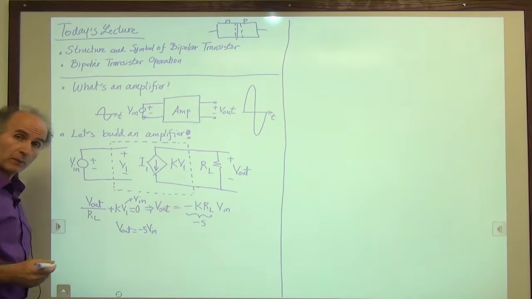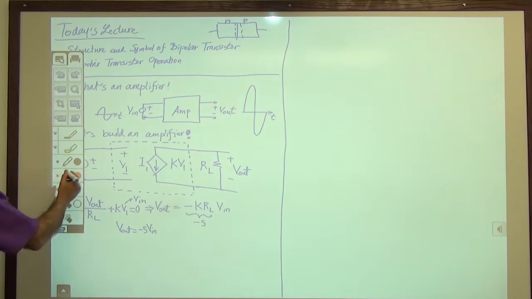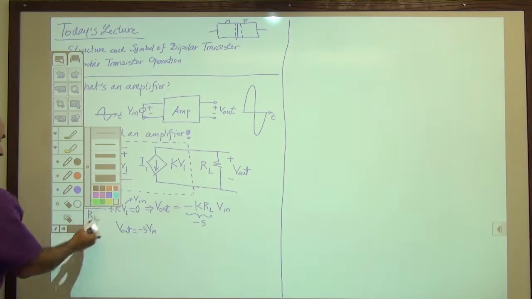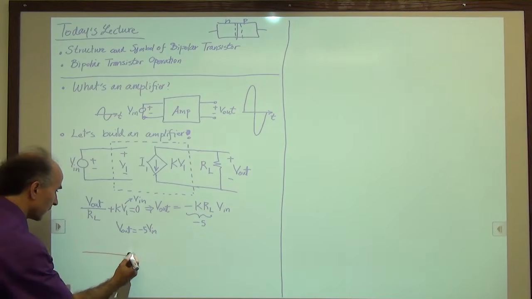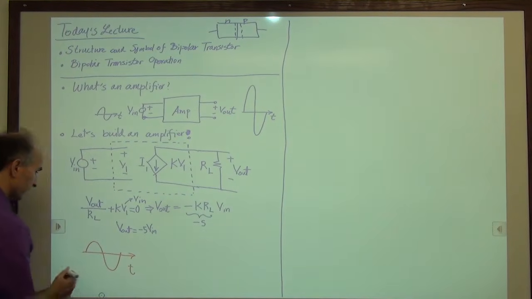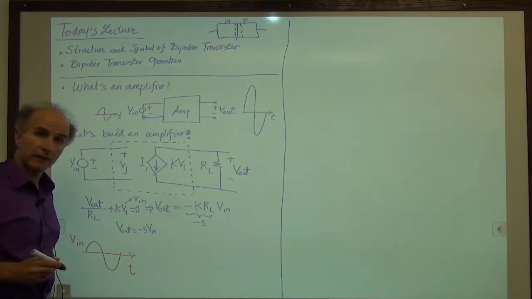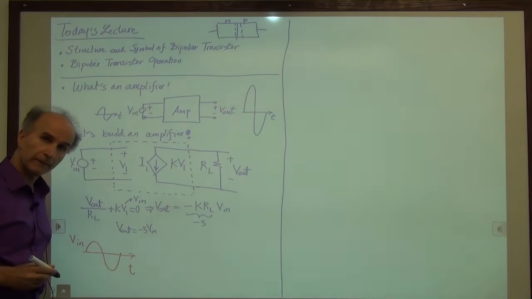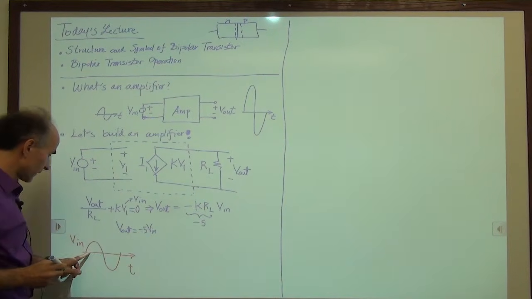Well, if you draw the waveforms, we might see it better. So we draw our input again in red. So here's our input waveform, V in. And what does our output waveform look like? Our output waveform is minus 5 times this.